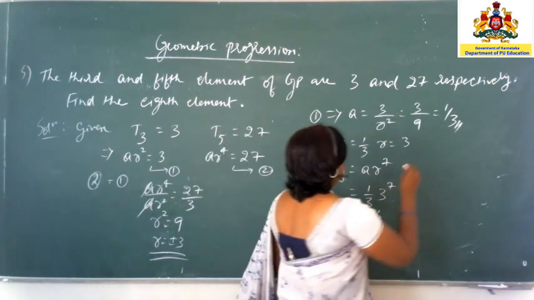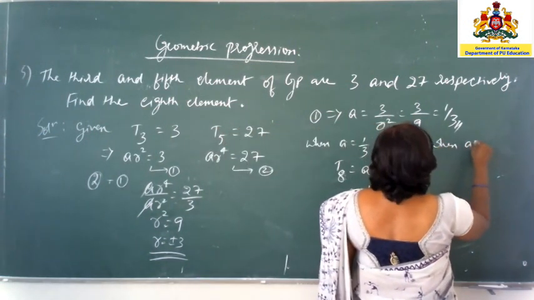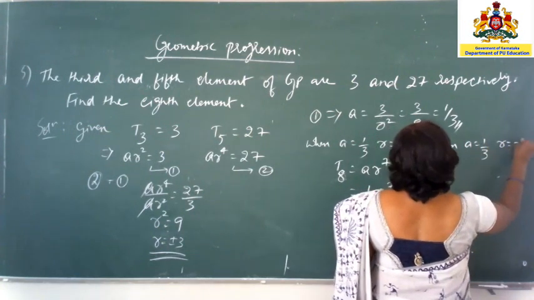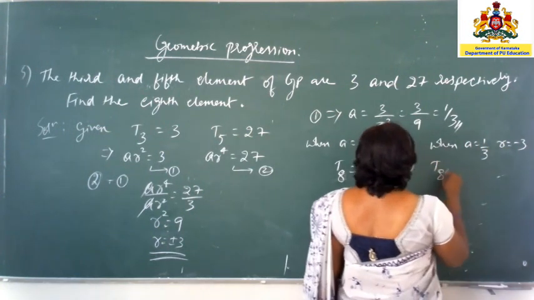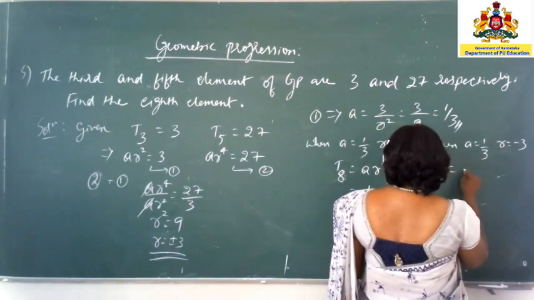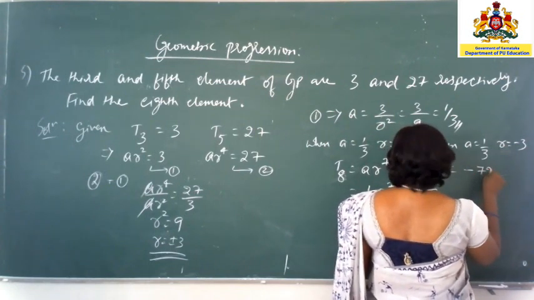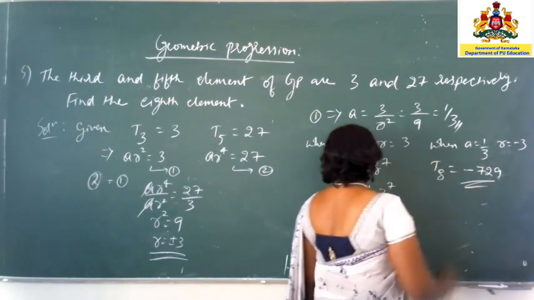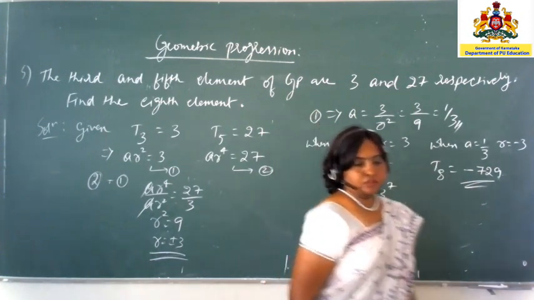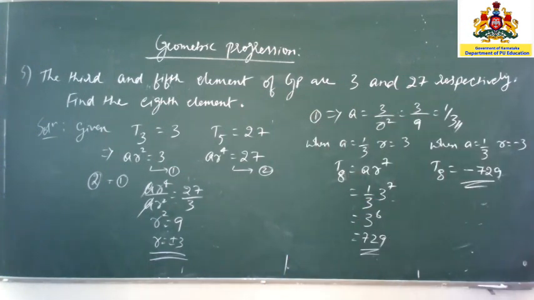So in case when A is equal to 1 by 3, R is equal to minus 3, then T8 will be equal to minus 729. Yes, make a note.